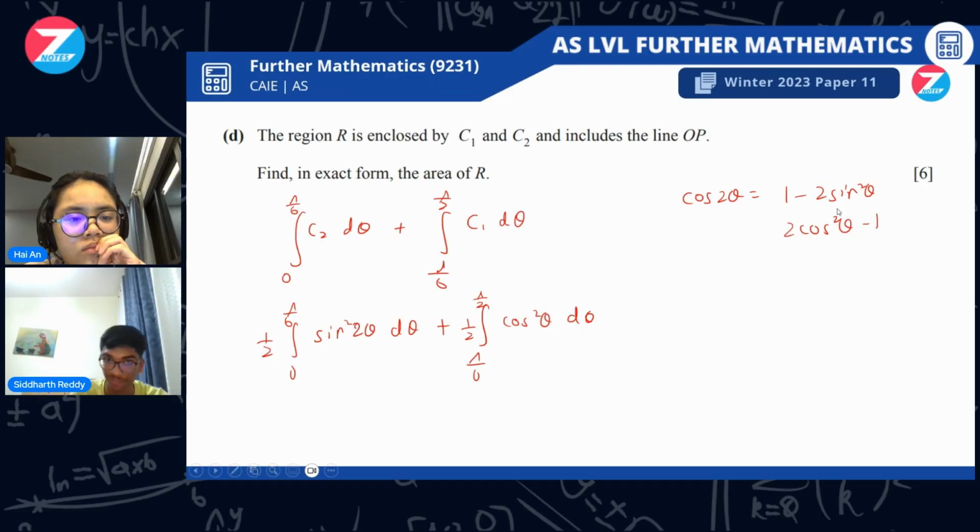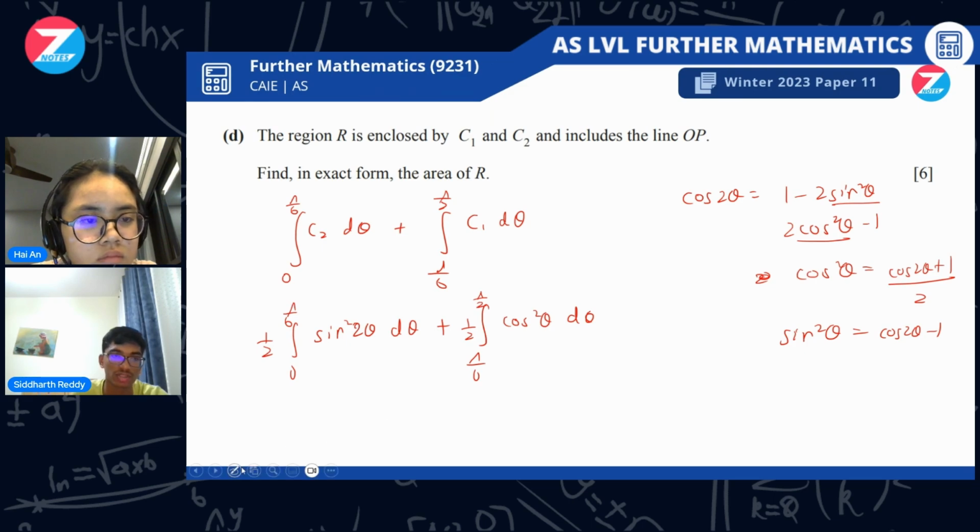Okay, so let's find out this thing in terms of only multiples of cos. Let's just rearrange and find out what cos squared theta and sin squared theta are. So cos squared theta is going to be equal to cos 2 theta plus 1 by 2, and sin squared theta is going to be 1 minus cos 2 theta by 2 actually.